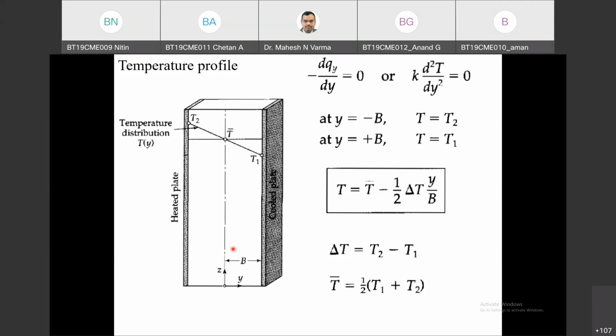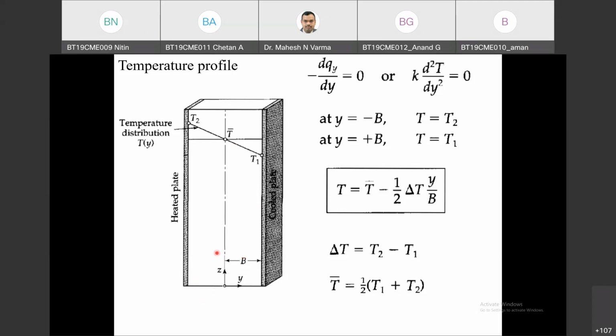Otherwise, in general, whenever there is an open system and convection is there, convection will dominate over conduction. Convection will be the more dominating mode of heat transfer most of the time when you have an open system. Here, because it is a closed system and buoyancy is the only driving force for velocity, there will be a lower velocity.